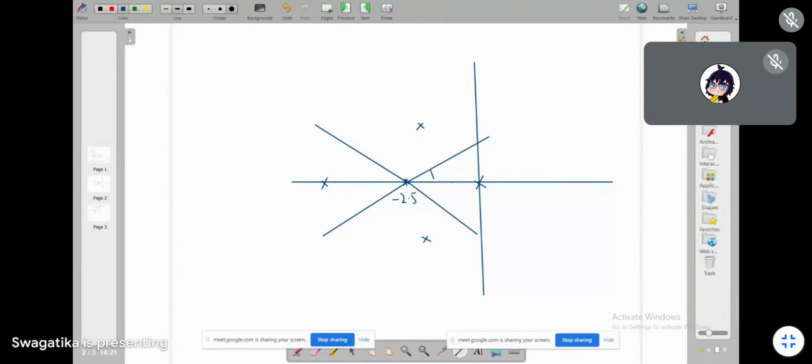So you mark 45 degrees, then 135, then 225, and the last one at 315.